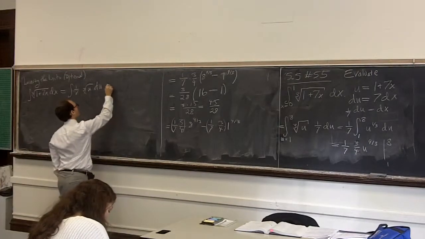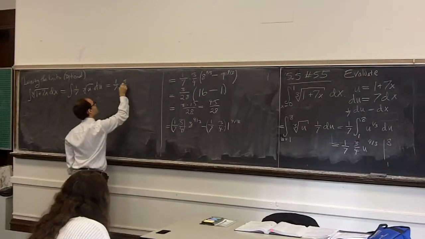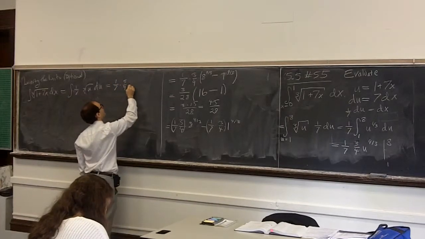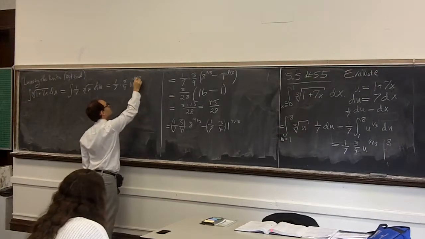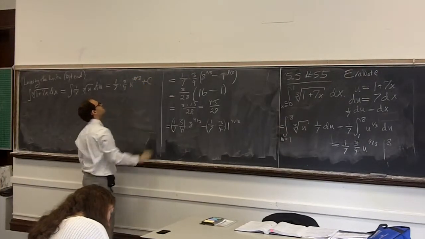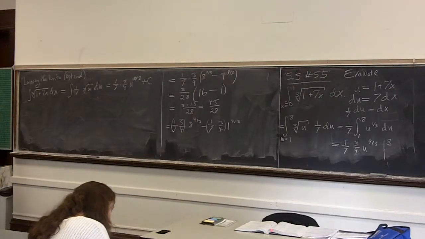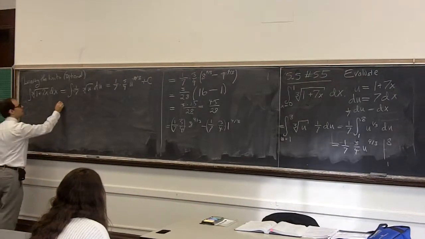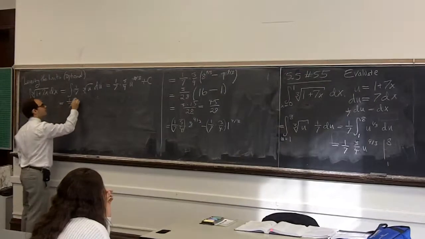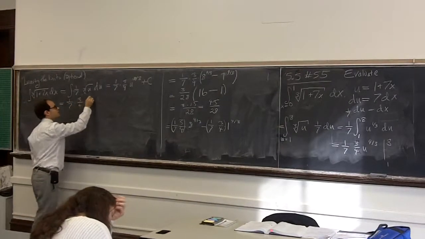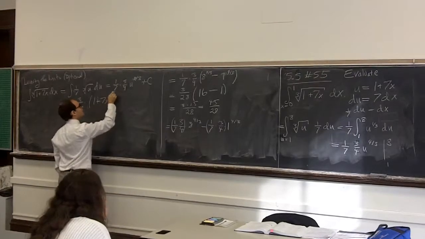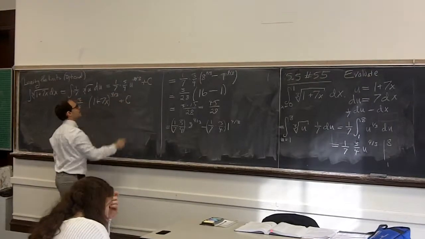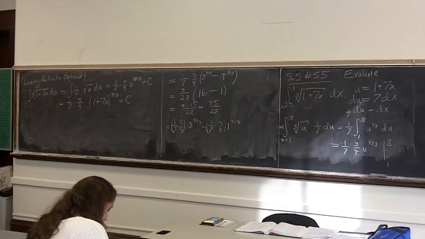I still come up with 1/7 times 3/4 times u to the 4/3, just as before, plus a constant. But now I have to put it in terms of x. So it's 1/7 times 3/4 times 1 plus 7x to the 4/3 plus c. Now I come back to my original formulation and now put in limits.